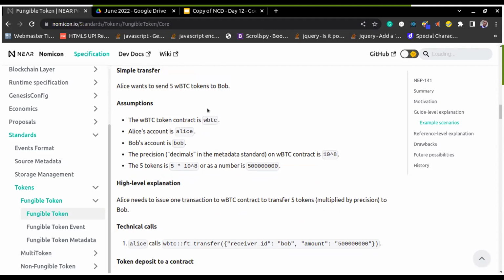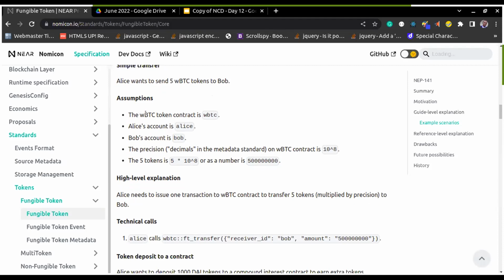Now, there's a scenario right here. Alice wants to send 5 WBTC, so this is like wrapper BTC token, to Bob. Then the wrapper BTC token contract is Alice.